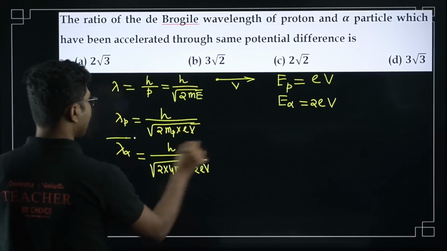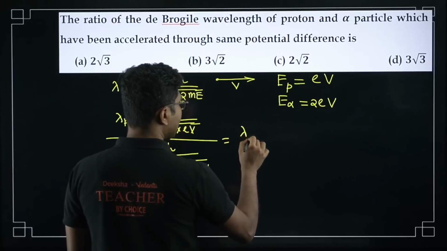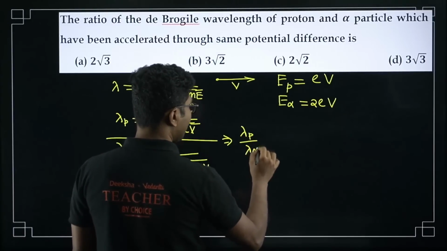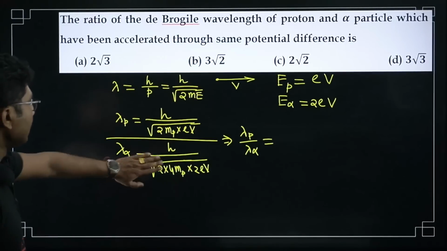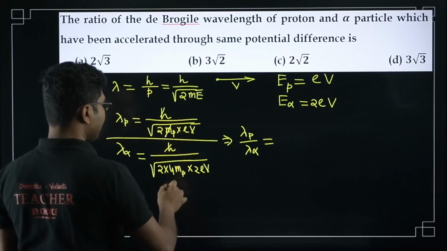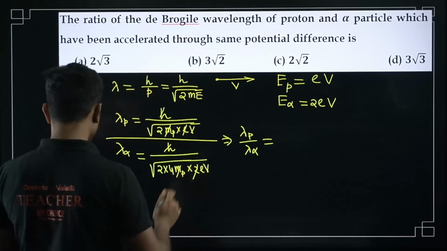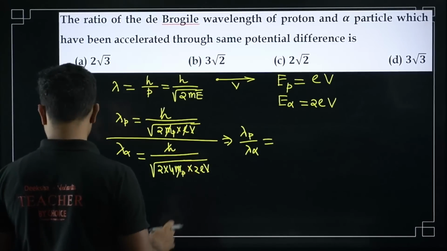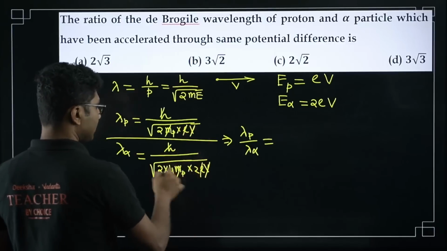Now they ask you to find the ratio, right? So you have to divide this. So if you divide this, obviously common terms will be cancelled. Lambda p by lambda alpha. So h cancels, mp cancels, e cancels, and V cancels.